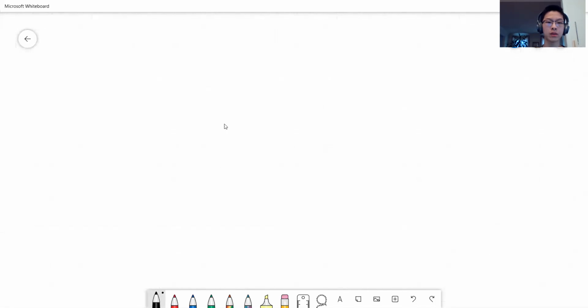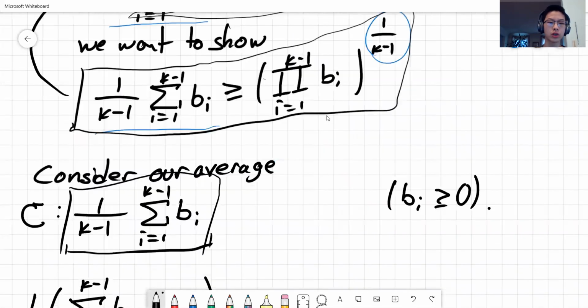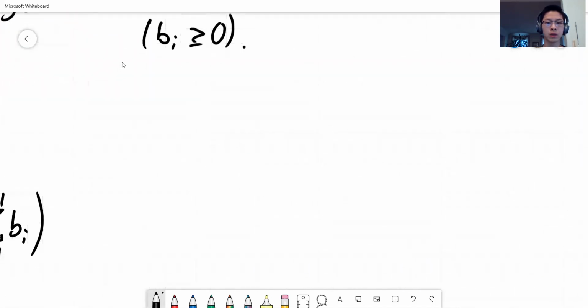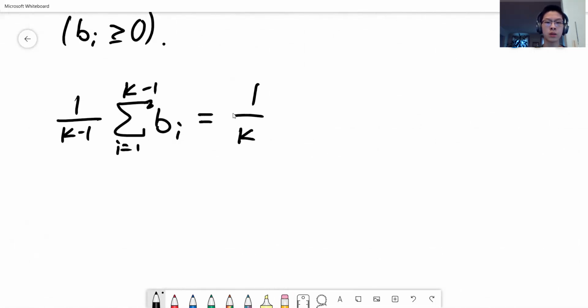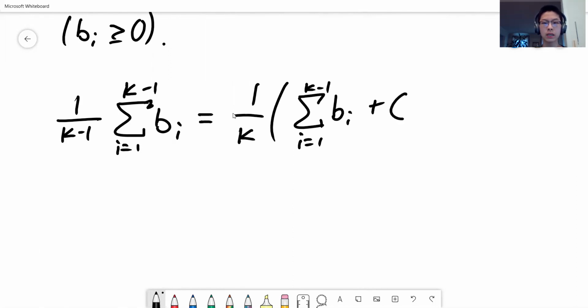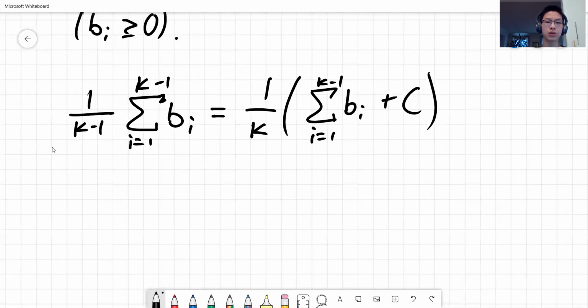Okay, so with the terminology that I've just introduced, what we have is the sum from i equals 1 to k minus 1, the average of the bi's is equal to this average, the k average, i equals 1 to k minus 1 of b_i, plus C, where C is, as we introduced earlier.